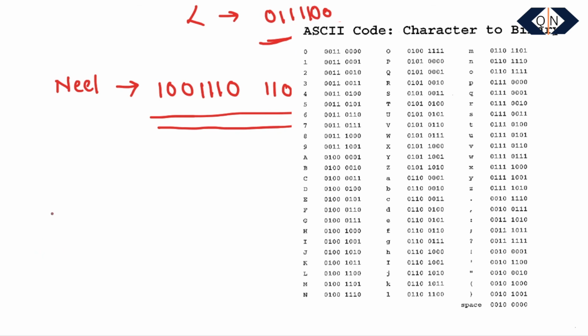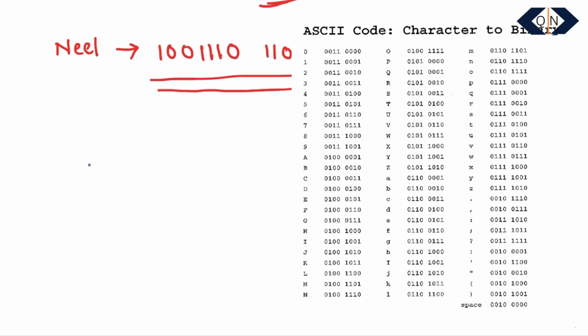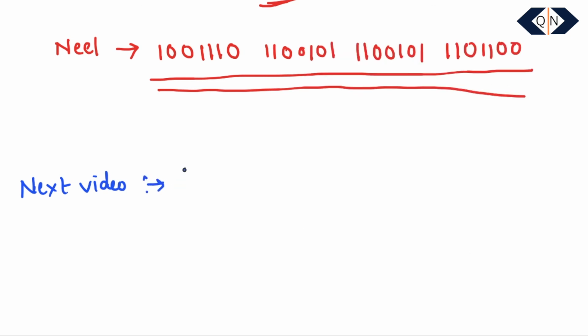So for the next video, we have understood a lot, and I think the video is going too lengthy. So in the next video, we will be studying about logic gates.